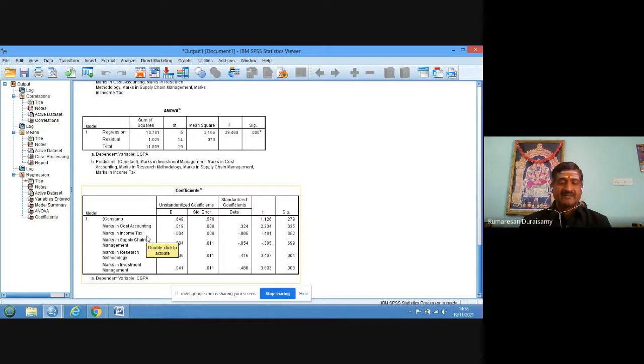Marks in income tax and marks in supply chain management have a negative relationship with the CGPA, number one. And number two, the relationship is not significant. From the p-value, we can say that it is not significant.